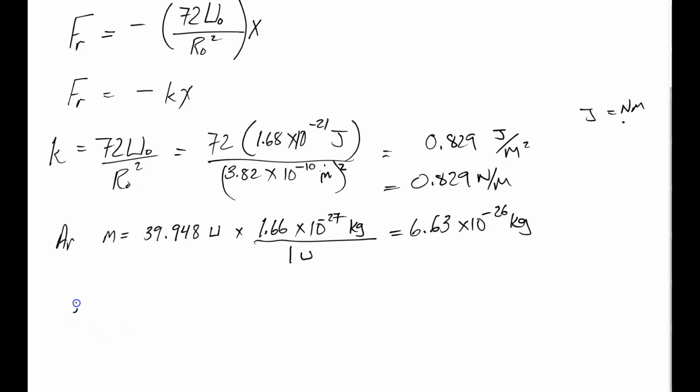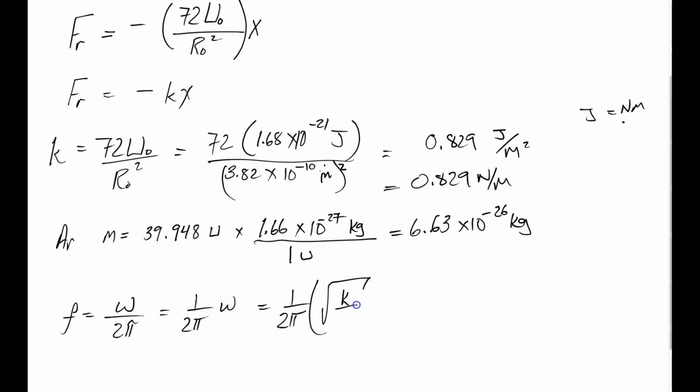If we're looking for the frequency, recall that the frequency is omega over 2 pi, and omega is the square root of k over m.